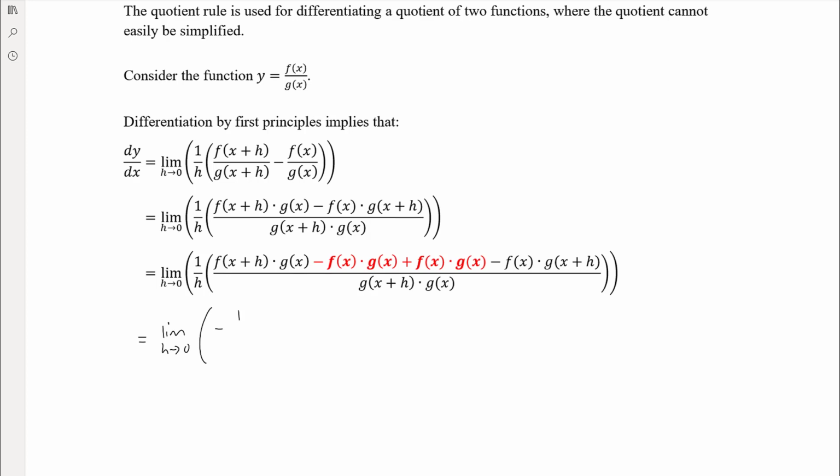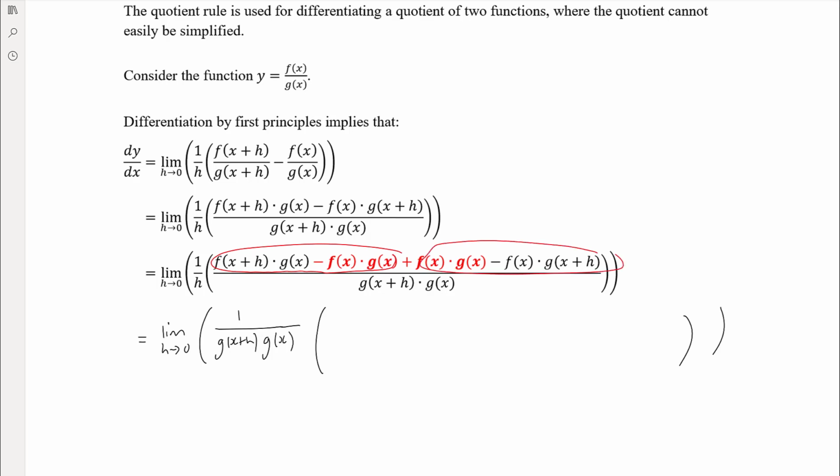So we're going to have 1 over g of x plus h times g of x at the front, and then in here I'm going to split this fraction in two, and the denominator will now be h. I actually don't need that bracket around that g of x, sorry. The other thing I'm going to look at is common factors in the first two terms and common factors in the second two terms.